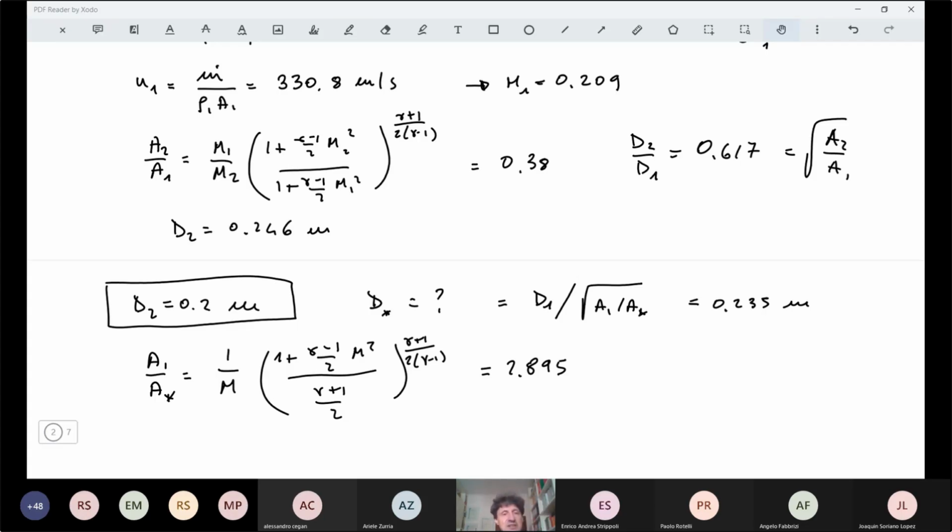And it means that if we consider this diameter, the mass flow rate must be necessarily reduced, and we can also evaluate this reduction.